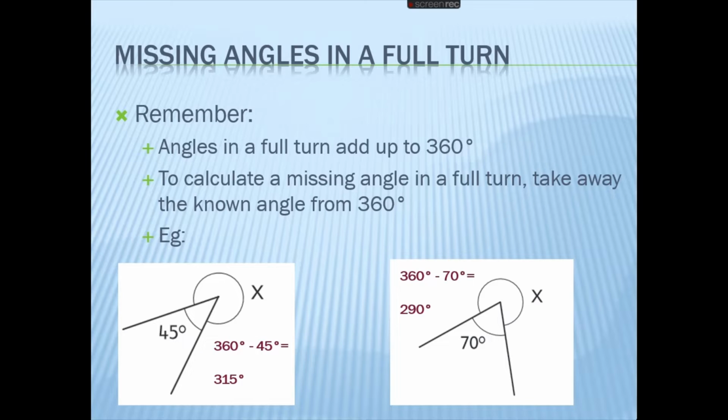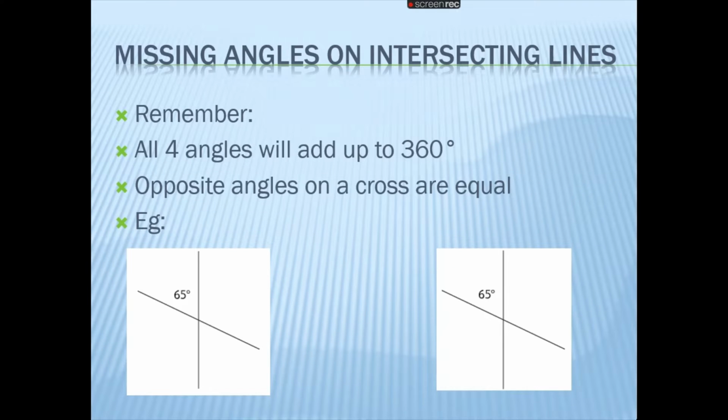Now remember, on intersecting lines, angles around a point are almost the same. They are 360 degrees, but often you'll find that opposite angles are equal. If it's crossed like this, opposite angles are the same. So step one, to find this one, it must be 65, you can see it on this visual.